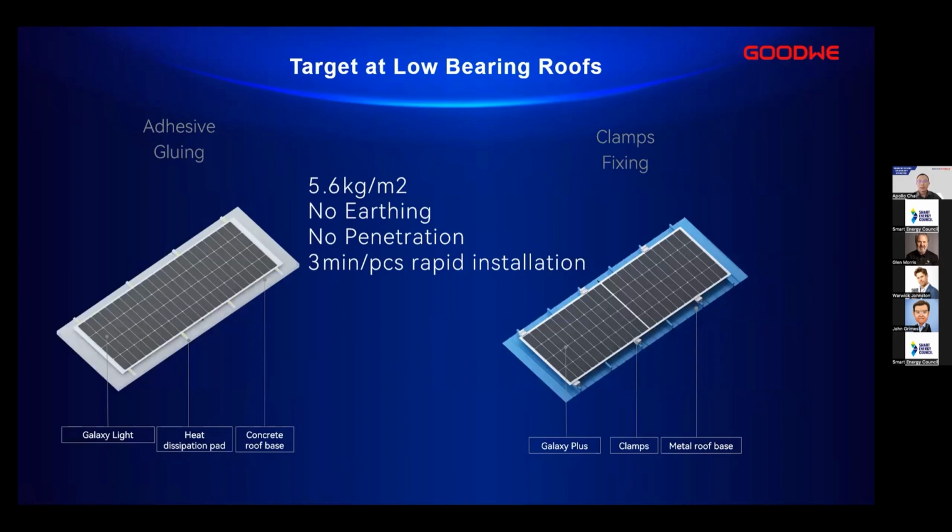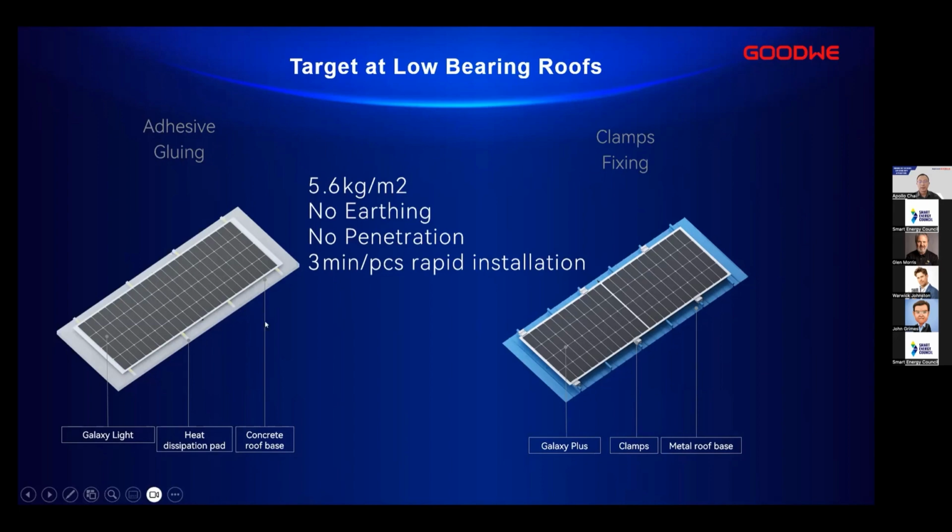Because we witnessed a lot of installations causing water leakage issues for roofing, whether residential or commercial, we came out with this solution without any penetration during the installation. There are 2 installation methods. One is adhesive gluing straight onto the rooftop. For example, this is a flat roof. We have ventilation tubes provided to create a gap between the roof space and the panel space.